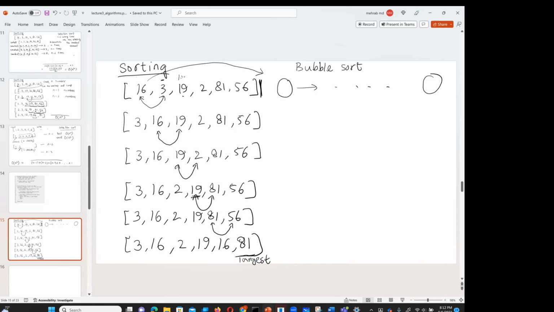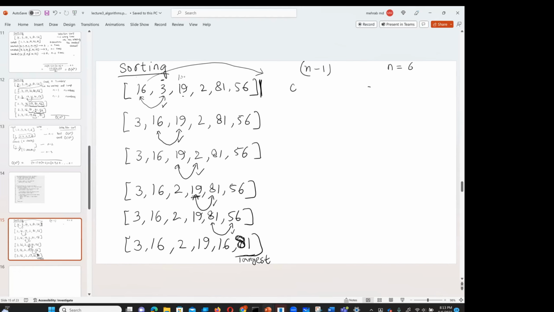So what did I achieve after all these? The largest element came to the right. So how many operations did I do to get the largest element on the right? One comparison, 2 comparisons, 3, 4, 5. 5 comparisons, right? So n minus 1 comparisons, right? N is 6.